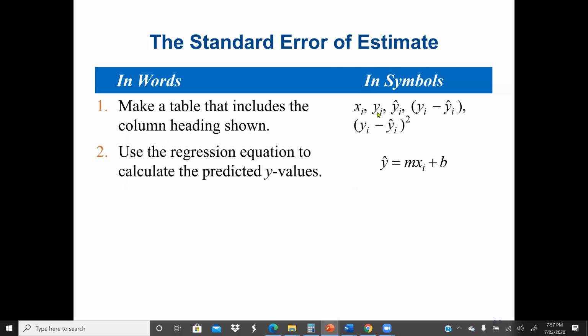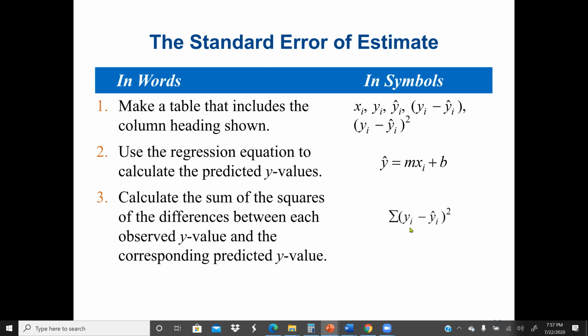They give us X and Y values. So if I know X and Y values, I can find the slope. After I find the slope, I'll find the intercept. After I find the intercept, I can find the regression equation. Now, when I get the regression equation, I'll plug in the X values from X1 to X10, let's say 10 values, and I'll get all the predicted values along with the actual Y values.